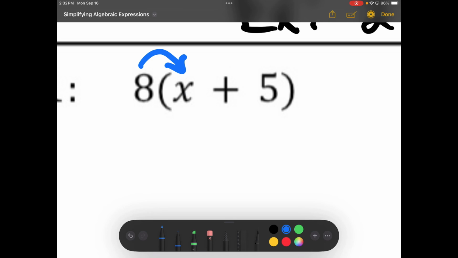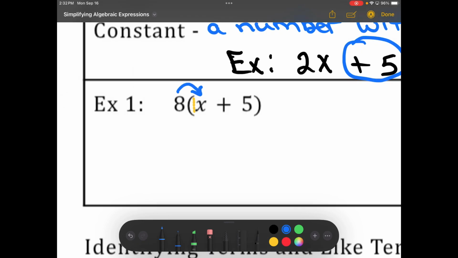Does anybody know? 1. It's a 1. There is a 1 in front of any variable. Any variable that does not have a coefficient, the coefficient is 1. So we are doing 8 times 1x. What is 8 times 1? 8. So what would 8 times 1x be? 8x.